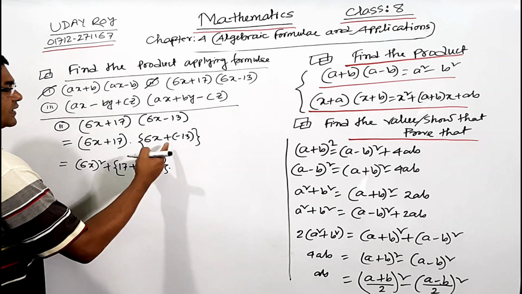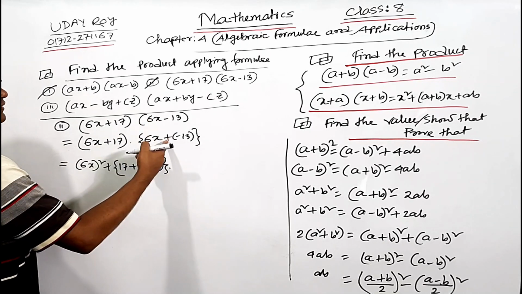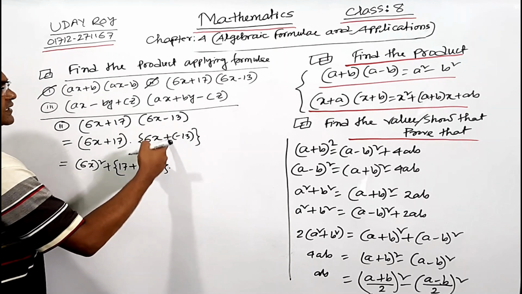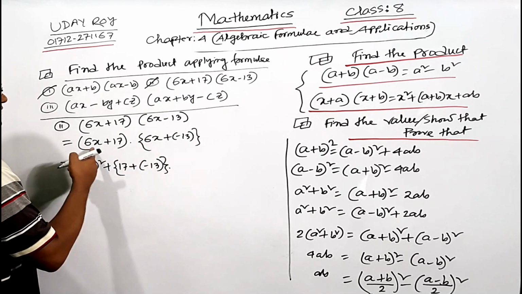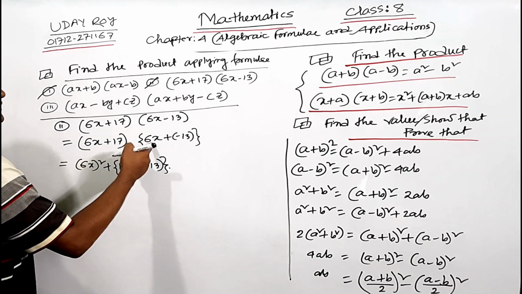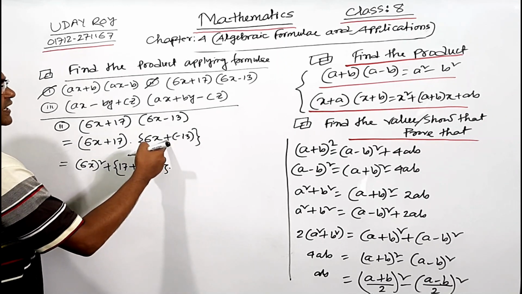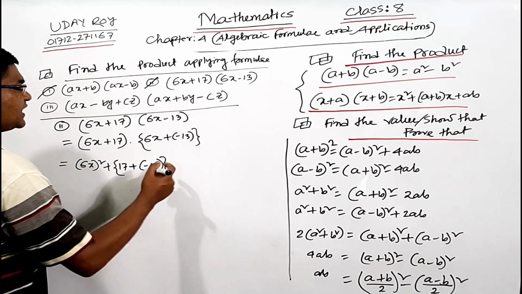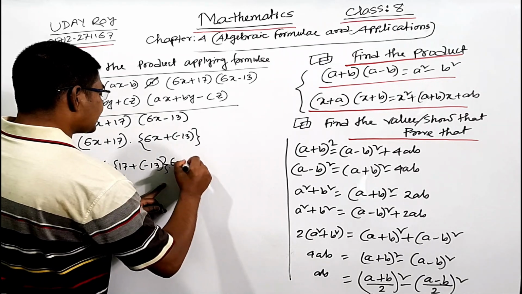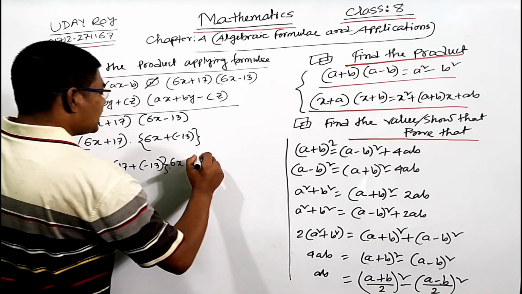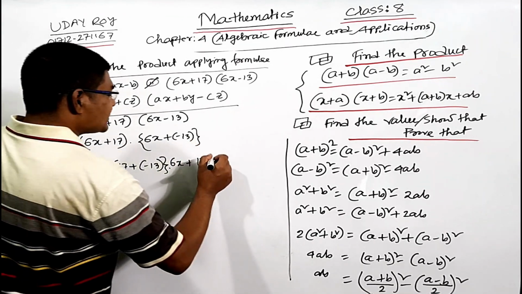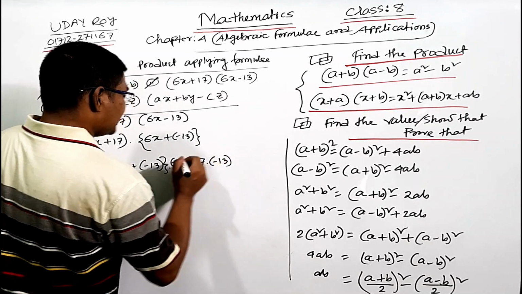Here is minus, just convert into plus. Plus into minus, minus. So 6x plus 17, 6x plus, I have taken plus, first bracket started, here is minus. So a plus b into x plus ab. 17 is a, and minus 13 is b.